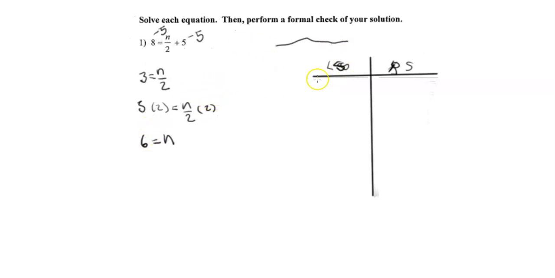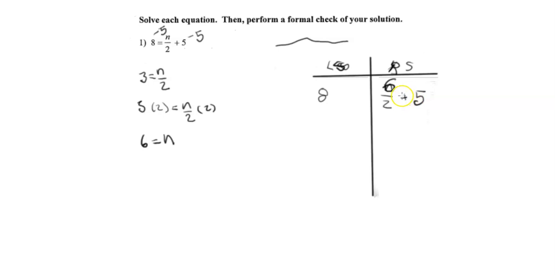Look at that. Well, let's see. Okay, what's your left side? Okay, and your right side? Okay, substitute 6 for n. So that means instead of n, write a 6.